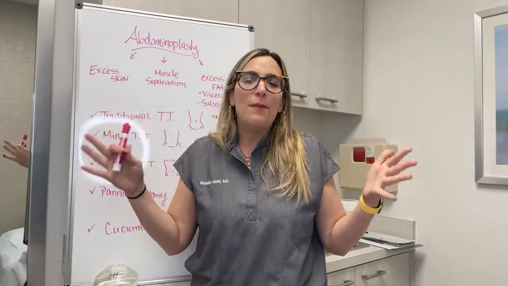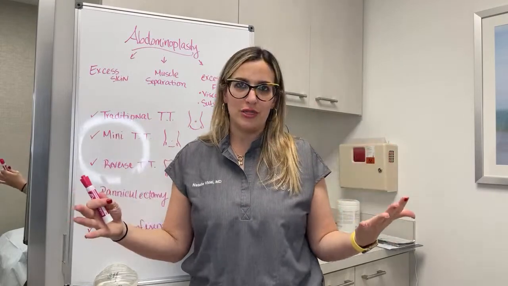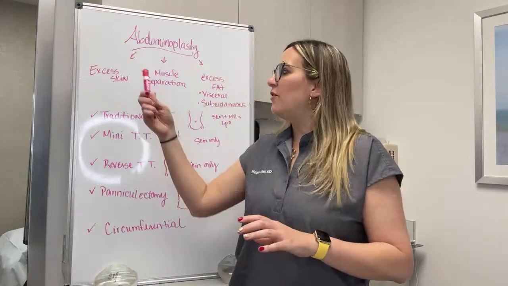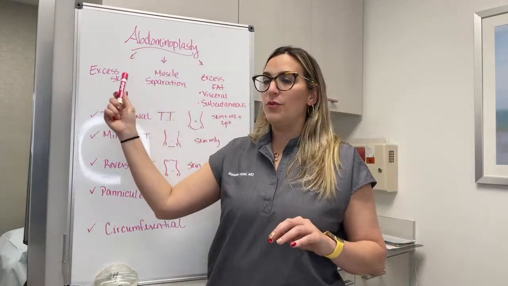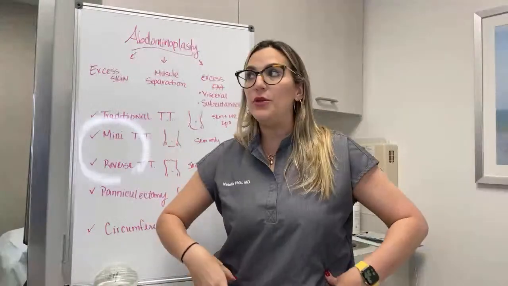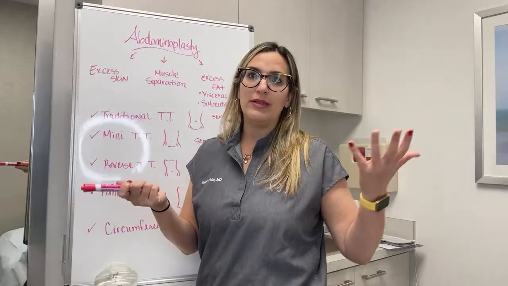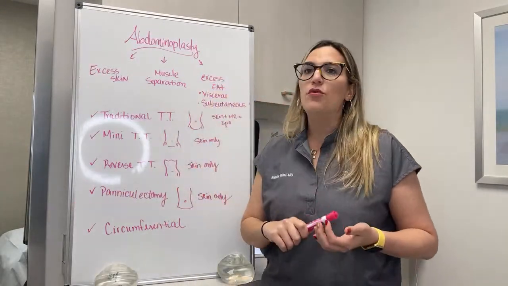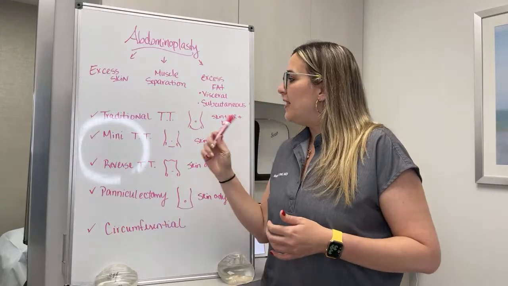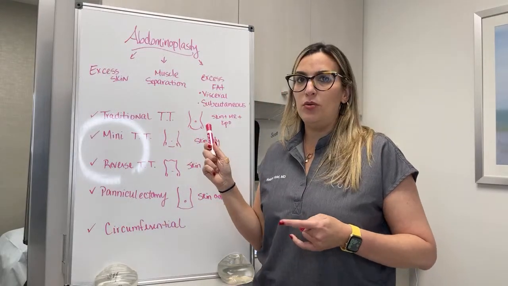So let's talk about the regular or traditional tummy tuck. What does it involve? It involves 3 components, okay? Removal of excess skin in the lower abdomen, muscle separation repair, or diastasis repair, and removal of excess fat from the flanks. The incision is from hip bone to hip bone, okay?